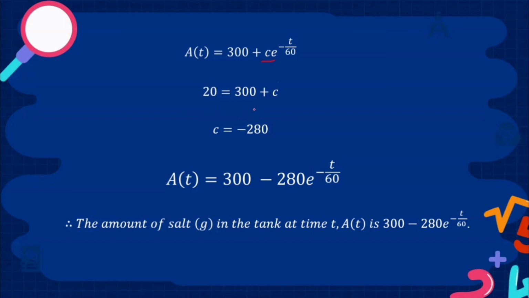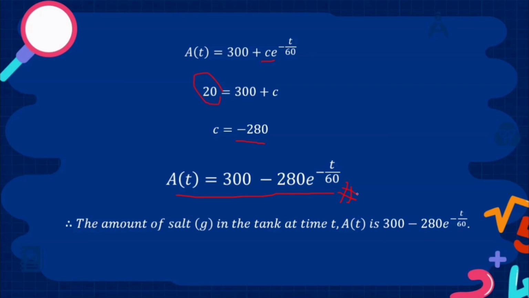We just have to subtract the initial value of our salt, which is 20 grams, from the initial fluid in the tank, which is 300 liters. So obviously we will have negative 280. As simple as that, we just substitute the value into our equation here.